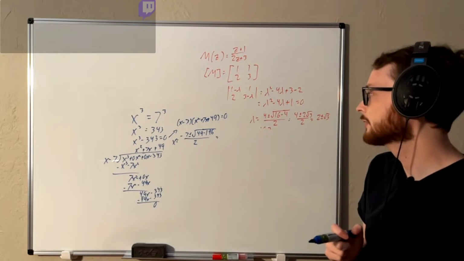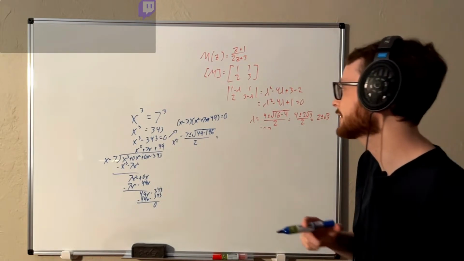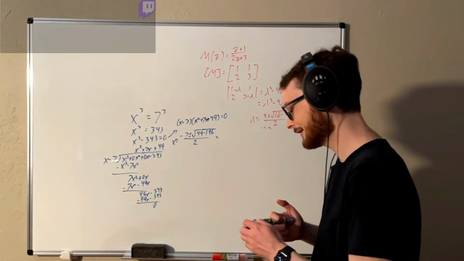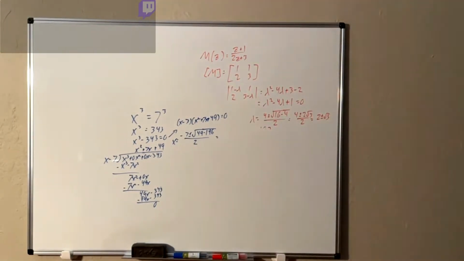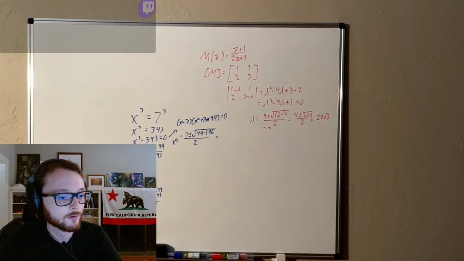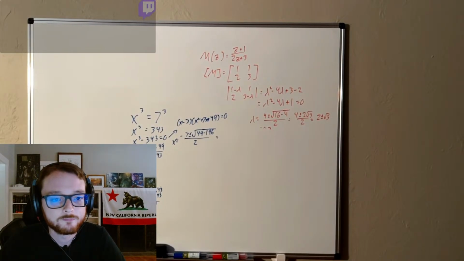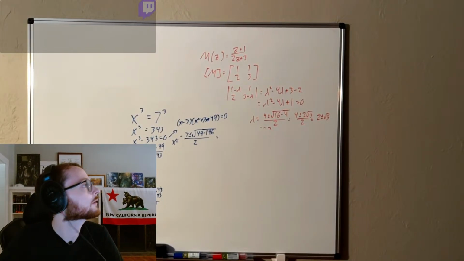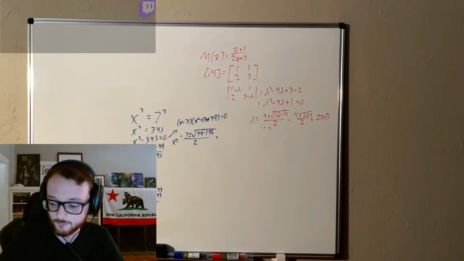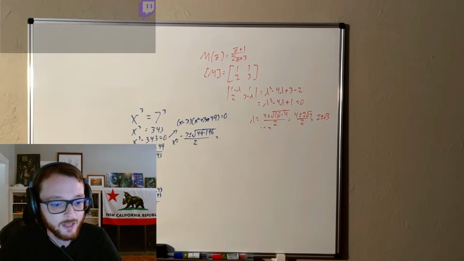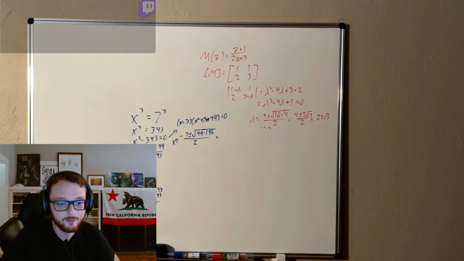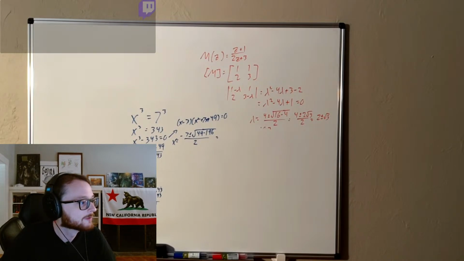That's a terrible number. I hate that number. 147? Let me check that. It is 147. Terrible number. Is it prime? It's not. It's 49 times 3.